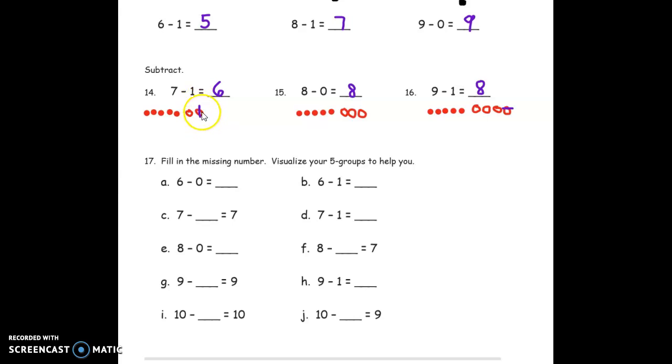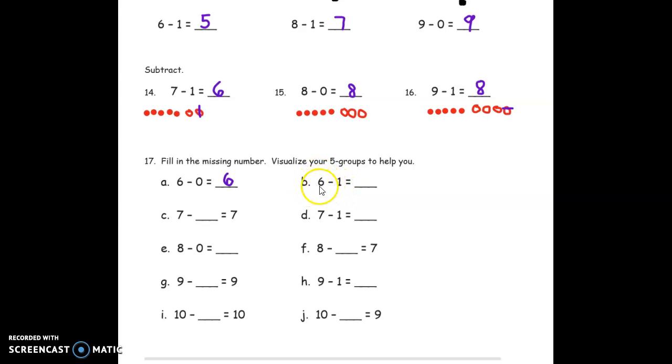We know that when we take away 1, we have the number that's 1 less than 7. And when we take away 0, we have the same number. 6 subtract 0. We remember it's the same number. 6. B. 6 subtract 1.